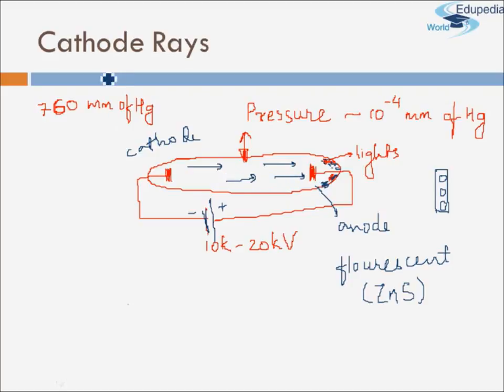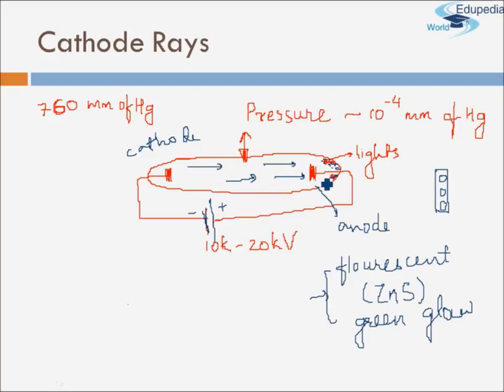So they just called them cathode rays because they knew that they originated from the cathode. They didn't understand yet how they originated or what the properties of those rays were. And they knew that when we have a zinc sulfide screen over here, they gave a green colored glow. So you have to remember this part.